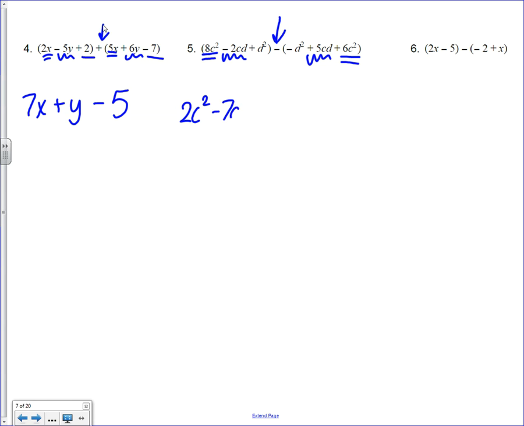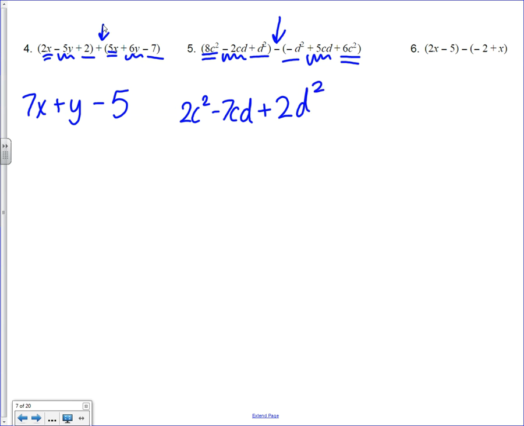And those are CDs. And then we have our D squareds. And you're going to subtract those. Just type it in your calculator. 1 minus -1. 2. And that's D squared.